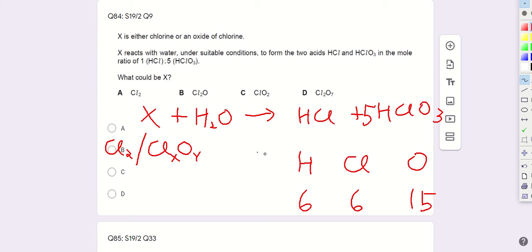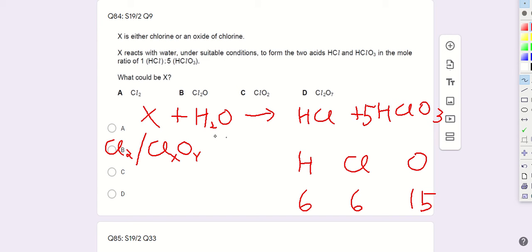Here are 6 chlorine atoms, and all the chlorine atoms are from X, because in water there is no Cl. Now if X is Cl2, it will be 3 Cl2. If X is an oxide of chlorine, then we have more work to do. We need to find out which formula.